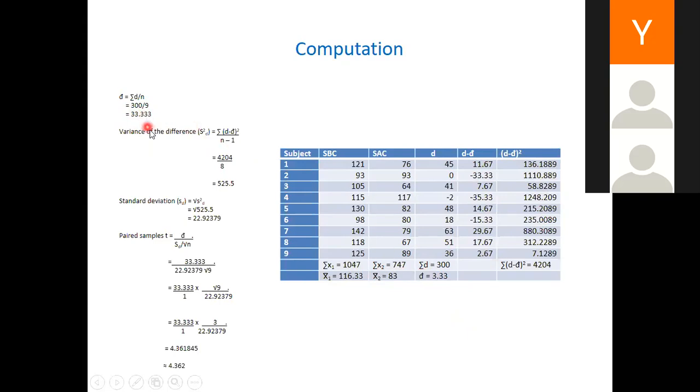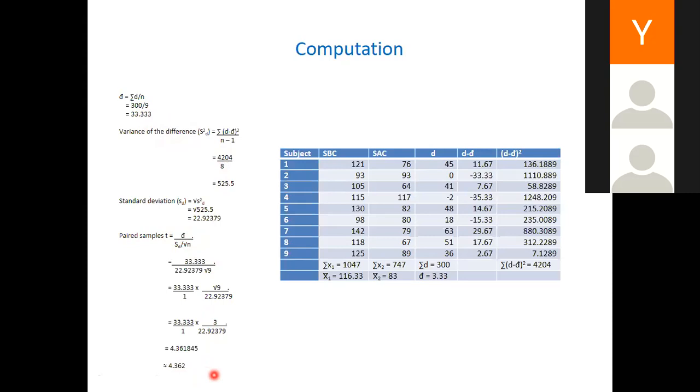It gives us this, the variance of the difference. When you calculate the variance normally, the way we do it, you get the standard deviation of the difference. So the paired t is the mean of the difference over the standard error, which is the standard deviation of the differences over the square root of the sample size. Simple. It gives you 4.3.